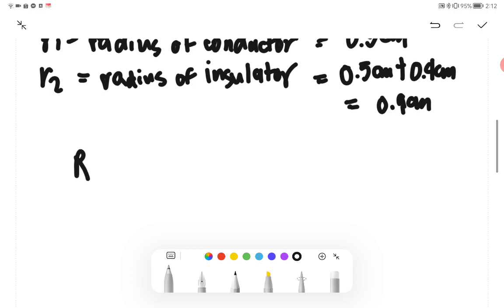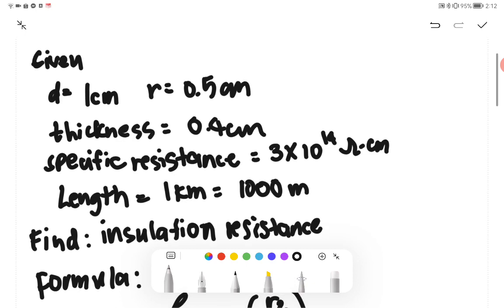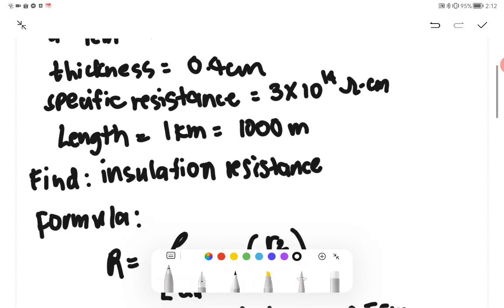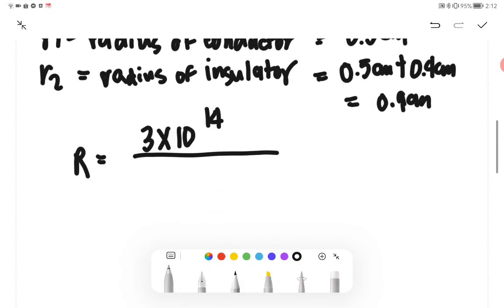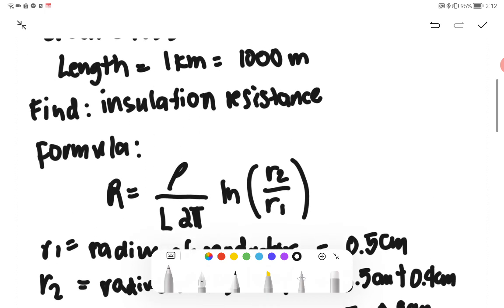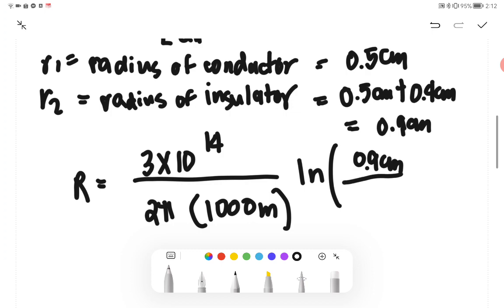We have R is equivalent to rho, which is 3 times 10 raised to 14, all over 2 pi multiplied by the length, which is 1,000 meters, times ln R2, which is 0.9 centimeter, all over R1, which is 0.5 centimeter.